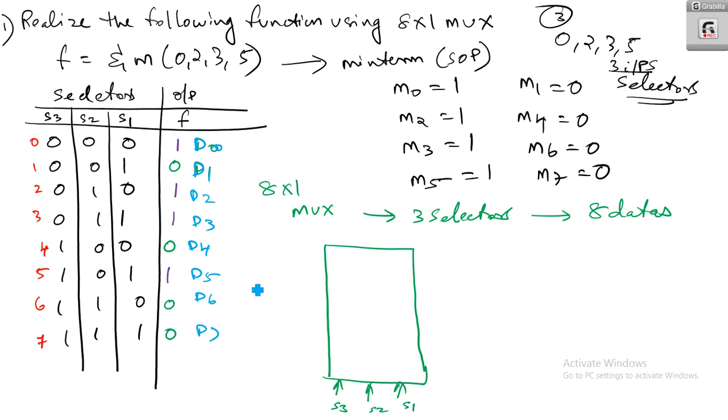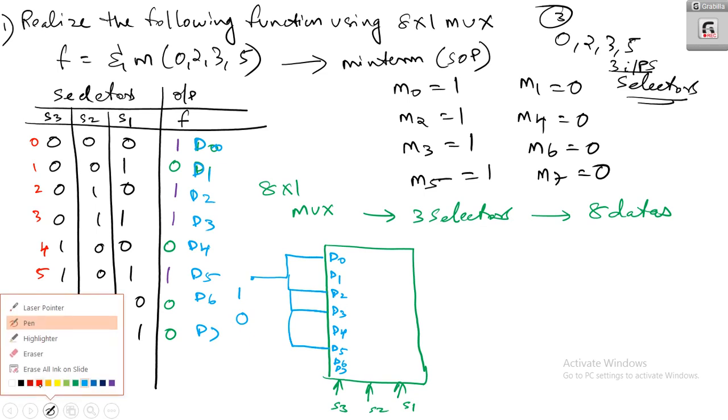So 1 is given to D0, then D2, then D3 and D5. For all others the value is 0.